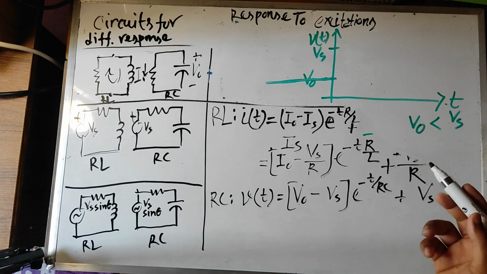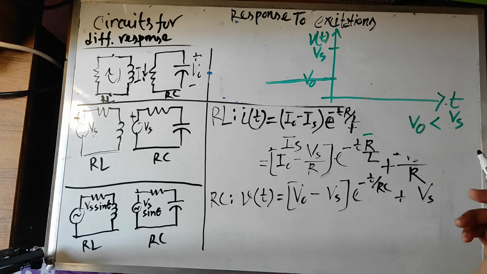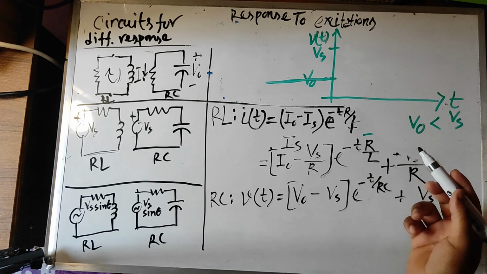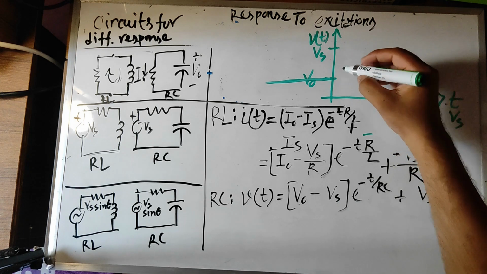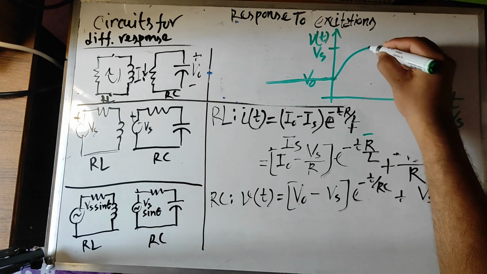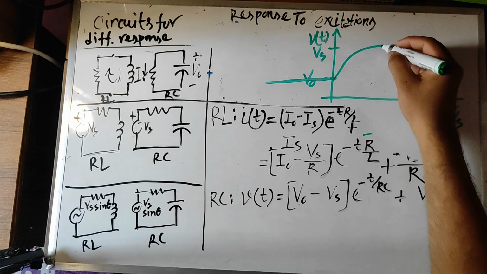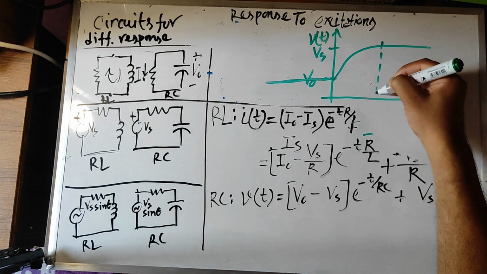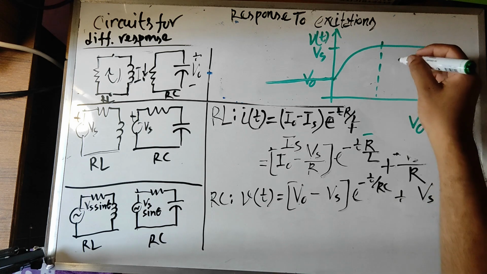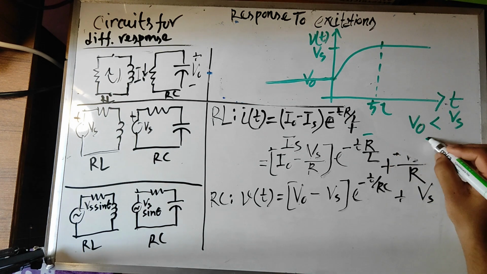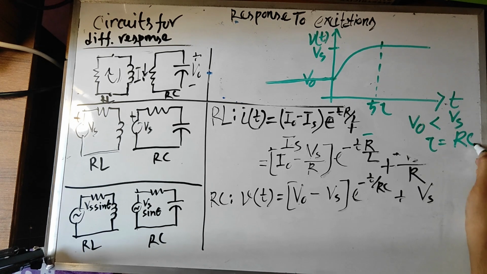After t equals 0, the impressed voltage is Vs. So the response will be like this, and say it came to a steady state at 5 tau, where tau equals RC.